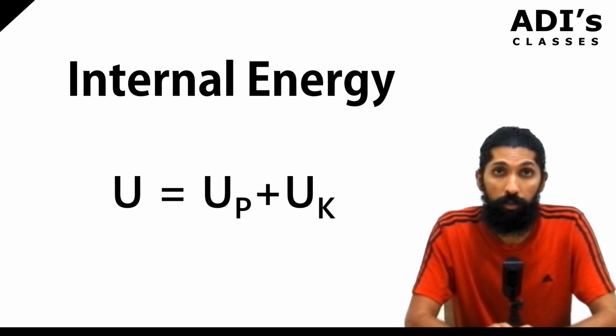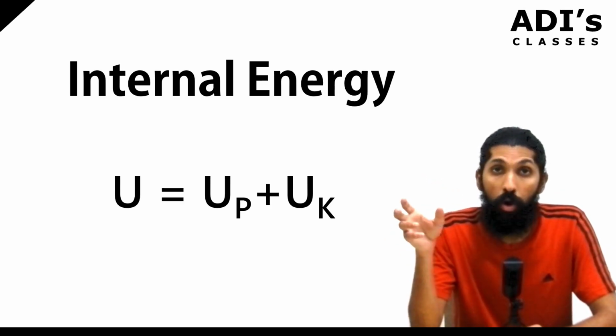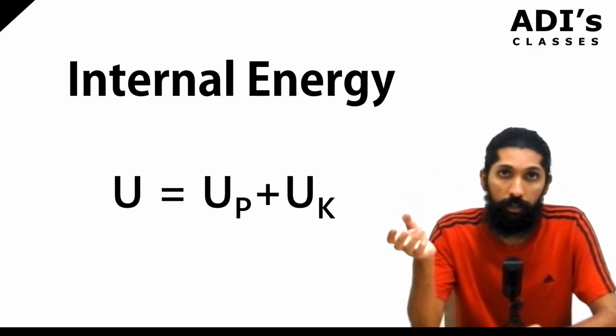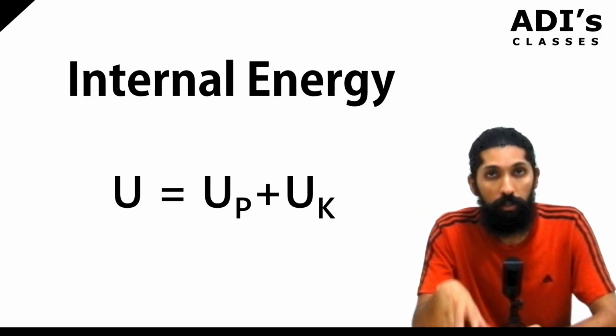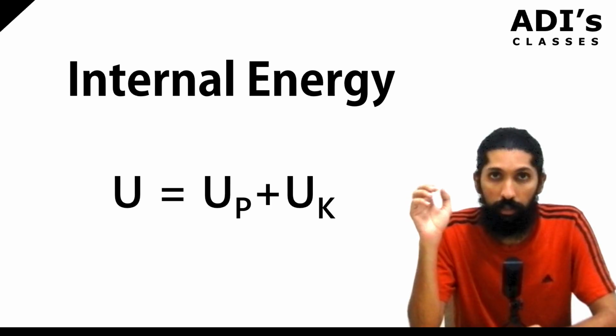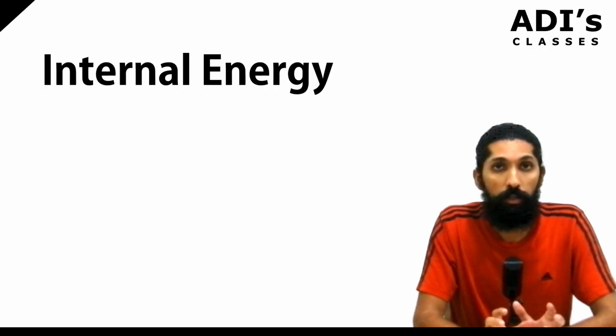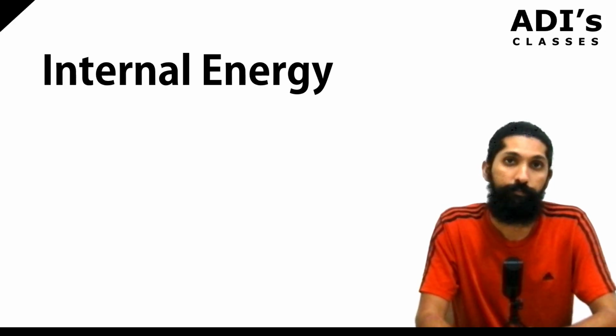Remember the definition of internal energy? It is due to the kinetic energy of the molecules or the molecular configuration. That configuration is basically the potential energy and the movement is the kinetic energy. All right.